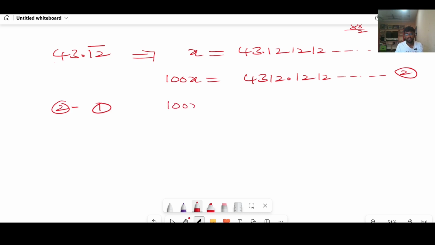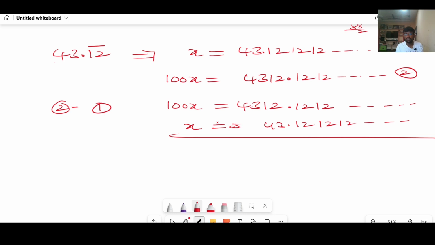Next I will subtract equation 1 from 2, right? 100x equal to 4312.1212 and so on, minus x equal to 43.12 and so on. Anyway, after the decimal you will get 1 2 1 2 1 2 only. You will get 0 here, and 12 minus 3 we will take borrow, 12 minus 3 is 9, right?